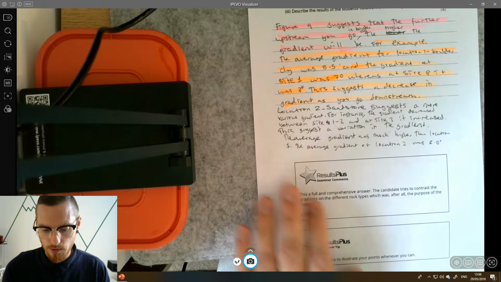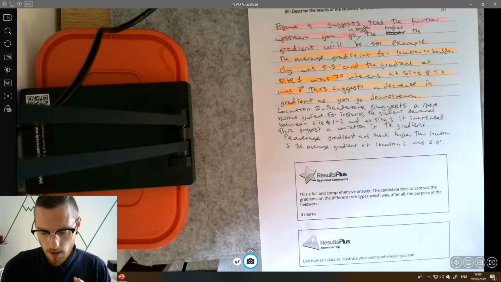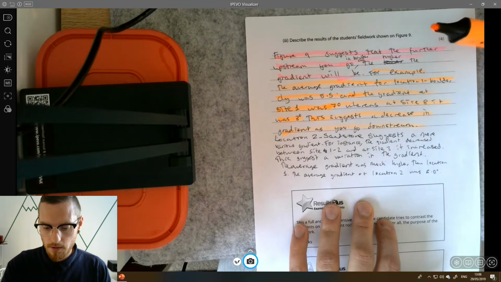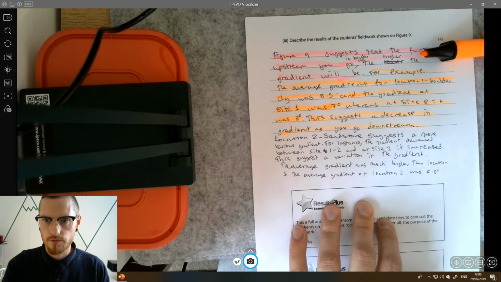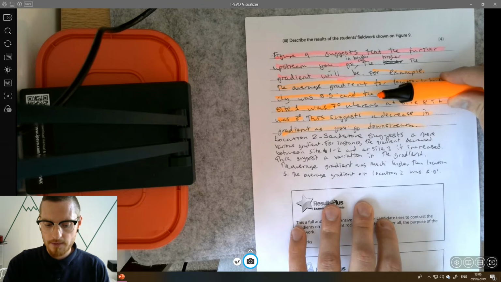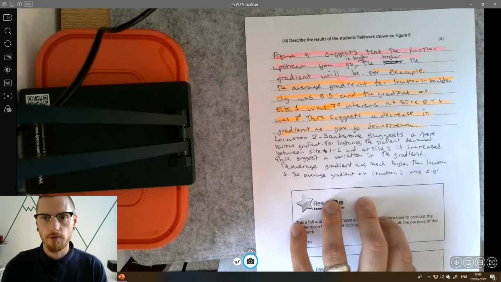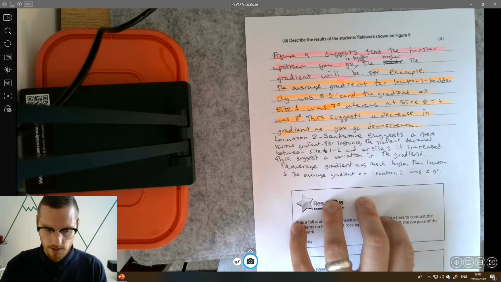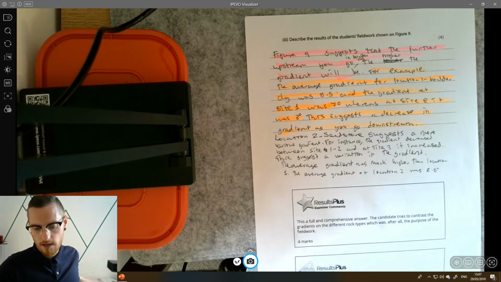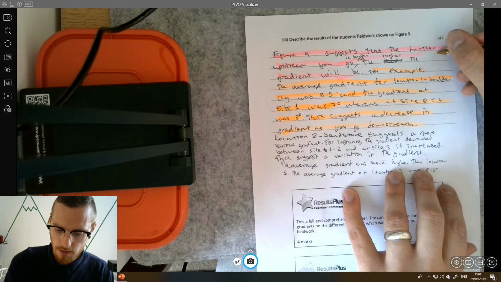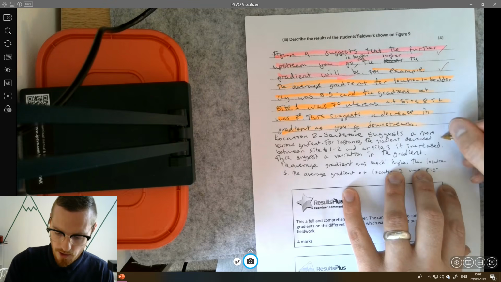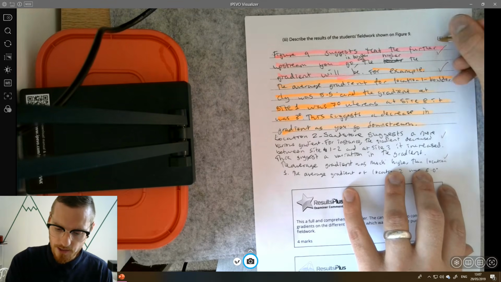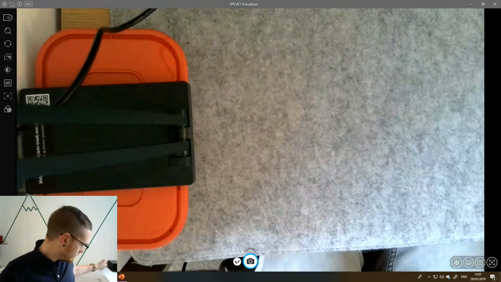This suggests a decrease in gradient as you go downstream. So they've made a point about the student's results, and then they've described said point using detail from the resource. And then they've done the same for their second point. So this here would be description of results supported with evidence, 2 marks. You do it again here and here. That's your 4 marks.